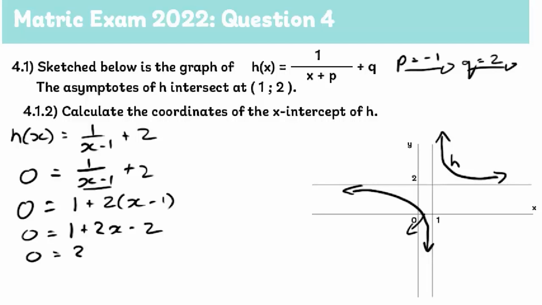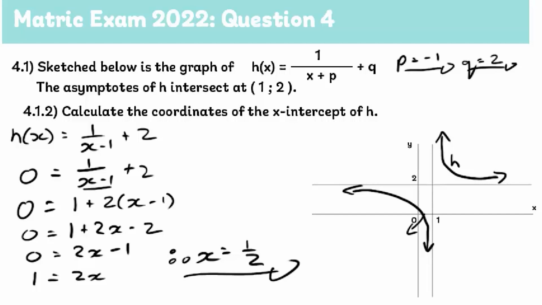That'll equal 2x minus 1. And then that'll be 1 equal to 2x. And therefore, x will equal a half. So what is that coordinate over there? That coordinate is: the x value is a half and the y value is 0.